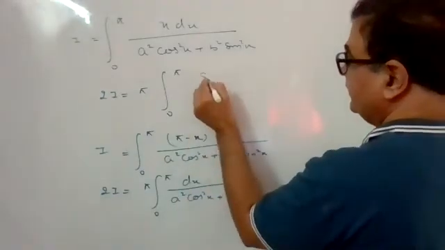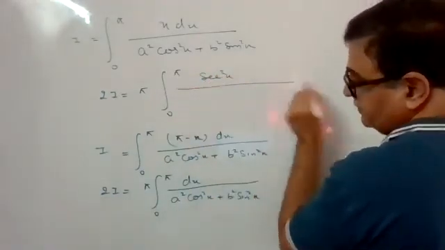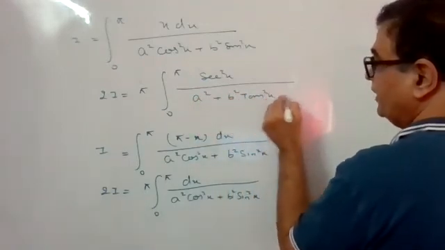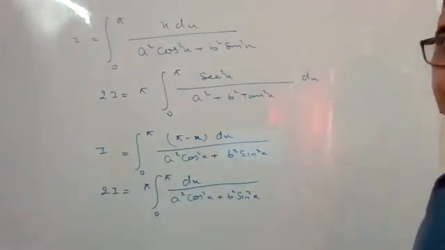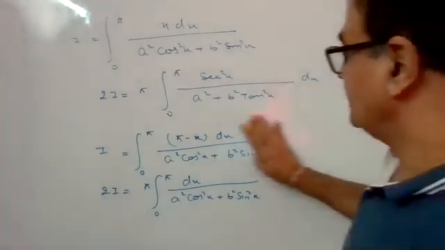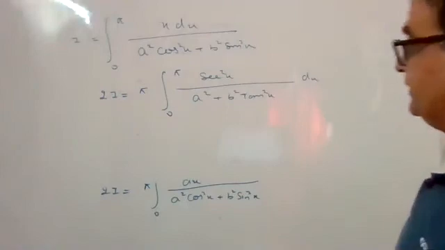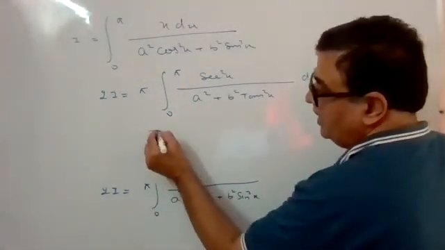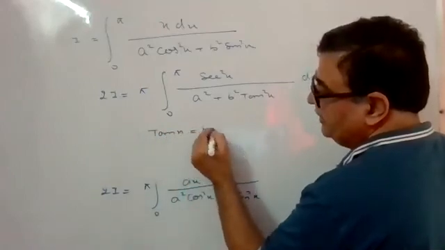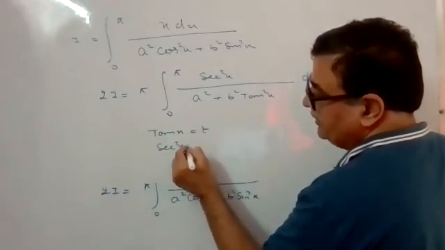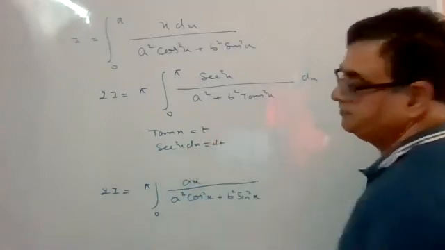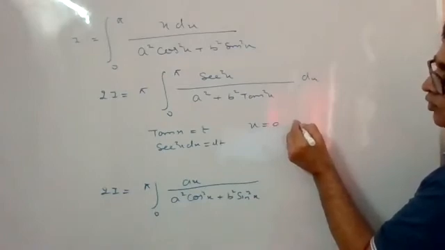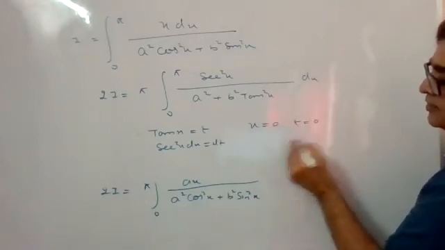Dividing by cos square x, on top comes sec square x, and at the bottom comes a square plus b square tan square x, dx. And here the assumption will be tan x. Now watch this step carefully, a problem is coming. If you take tan x as t, then sec square x dx will be dt. When x is 0, t will be 0.